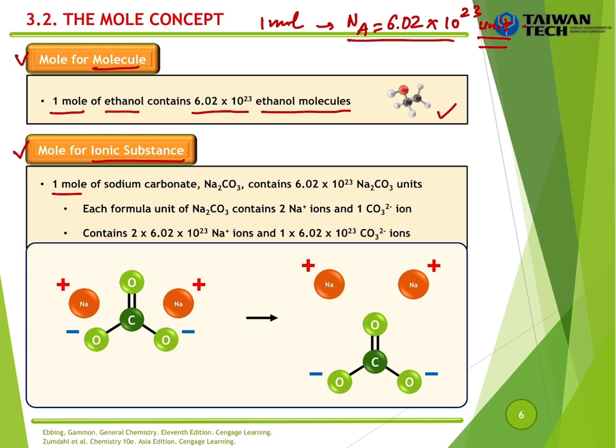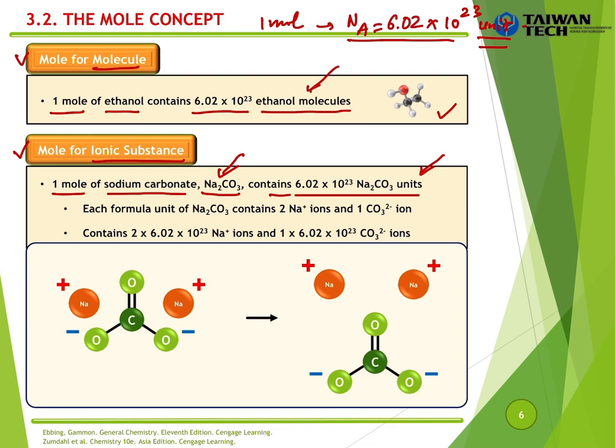So 1 mole of sodium carbonate, Na2CO3, this is an ionic substance, and we have 6.02 times 10 power 23 Na2CO3 units. So we just use a different name. This one we call the unit, and this one we call the molecule.